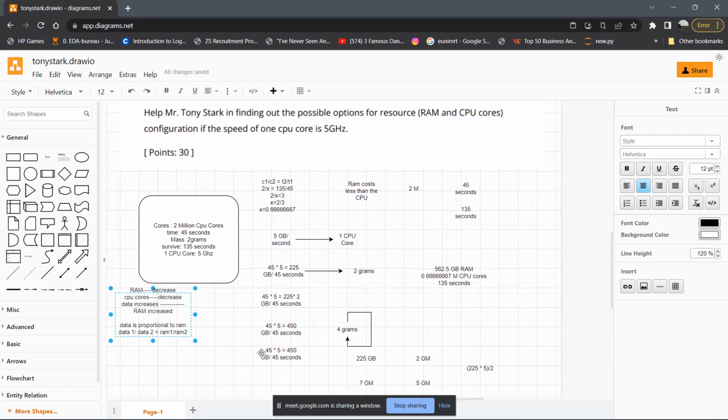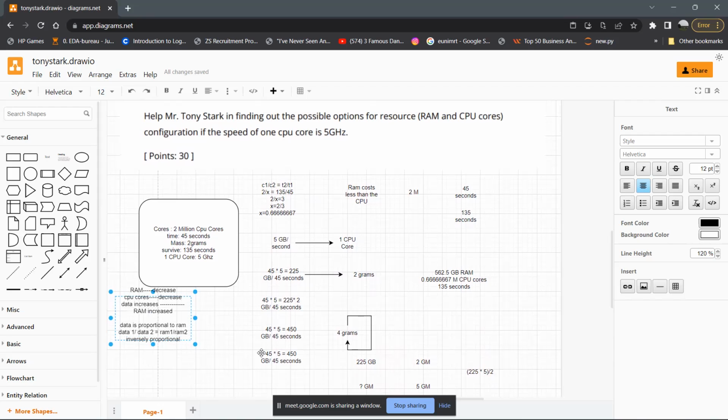Now when inversely proportional, that is a reverse relation. So here core 1 divided by core 2 is equal to time 2 divided by time 1, because they are opposite in relation.